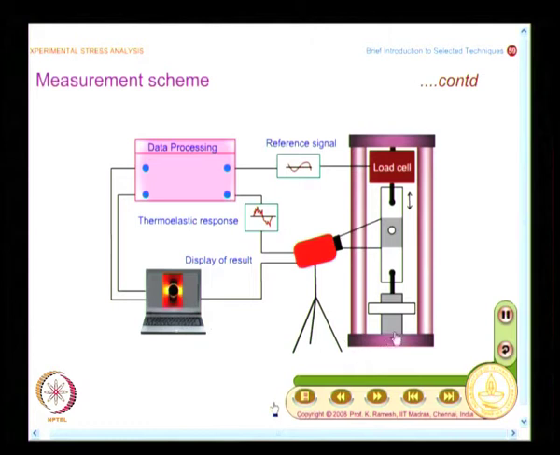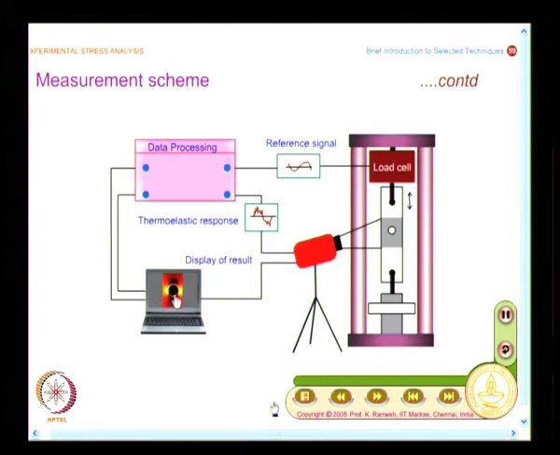So, what elements do you have? You have a loading system, you have a thermoelastic camera, and this is taken to the data processing unit. You also have a reference signal, and you post process this data and display the result.